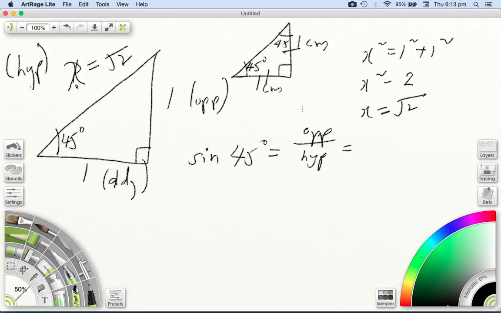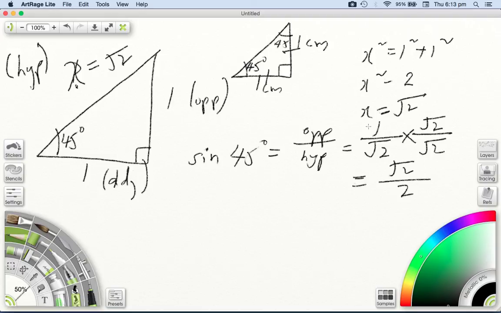So opposite is 1, hypo is root 2. And remember, earlier I had mentioned that it's equivalent to root 2 over 2. Now, whether you write it as 1 over root 2 or root 2 over 2, it's entirely up to you.